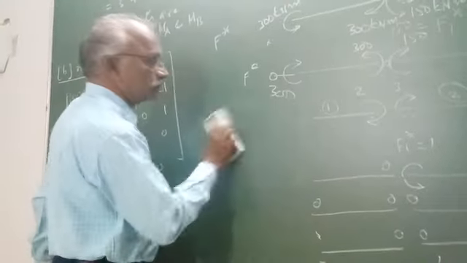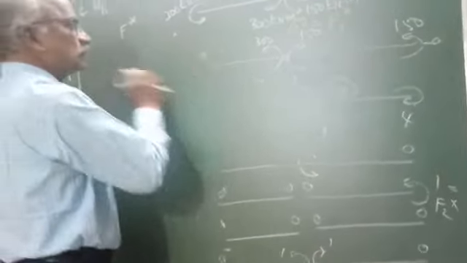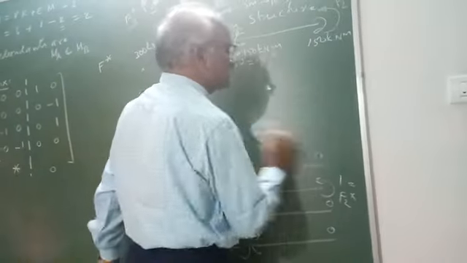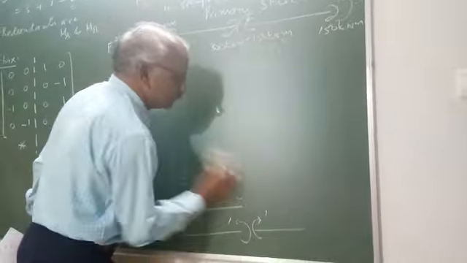Now, after getting the B matrix, we have to go for the element flexibility matrix. Element flexibility matrix alpha 1 for element number 1 will be L by 6EI.